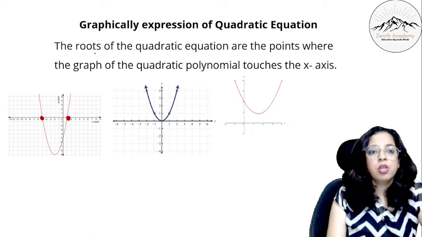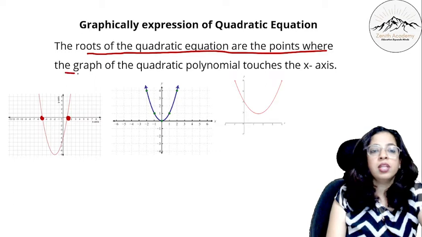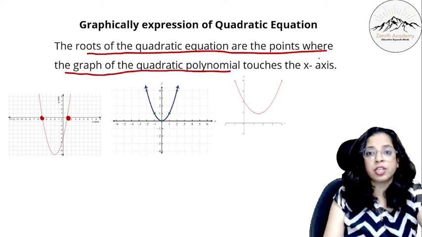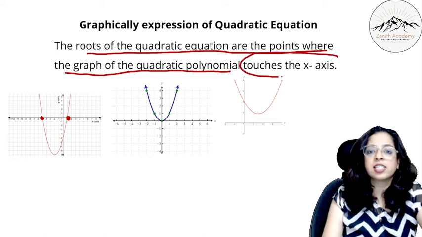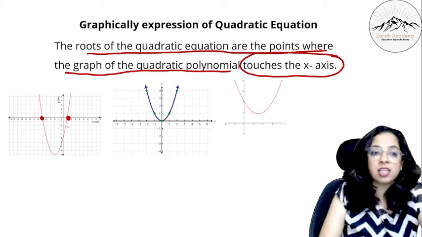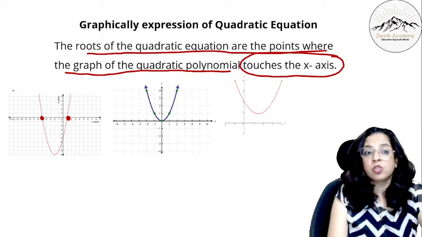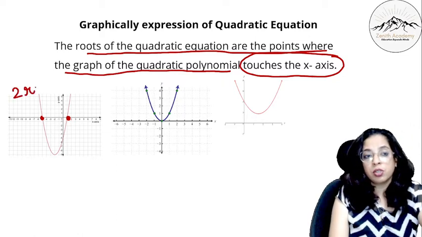Please remember this. Now, if you see this first one, okay, this is touching the x-axis at two distinct points. So the roots of the quadratic equation are the points where the graph of the quadratic polynomial or quadratic equation touches the x-axis. You have to see x-axis. So here it is touching at two different points on the x-axis. So there will be two roots. Okay, two unequal roots.